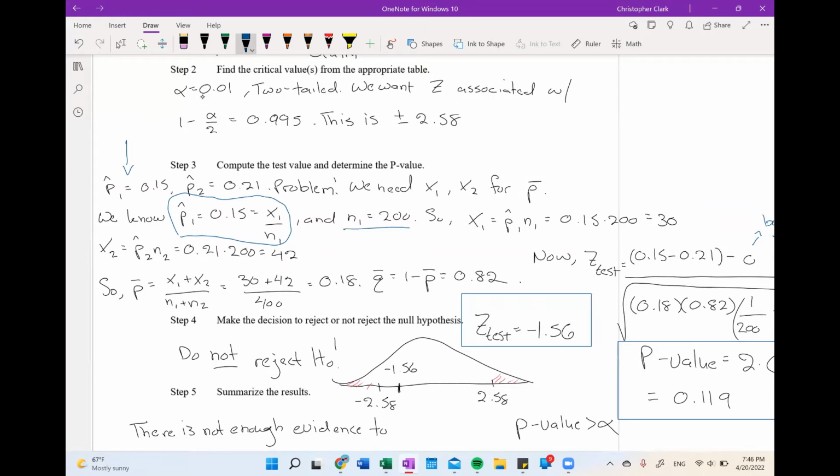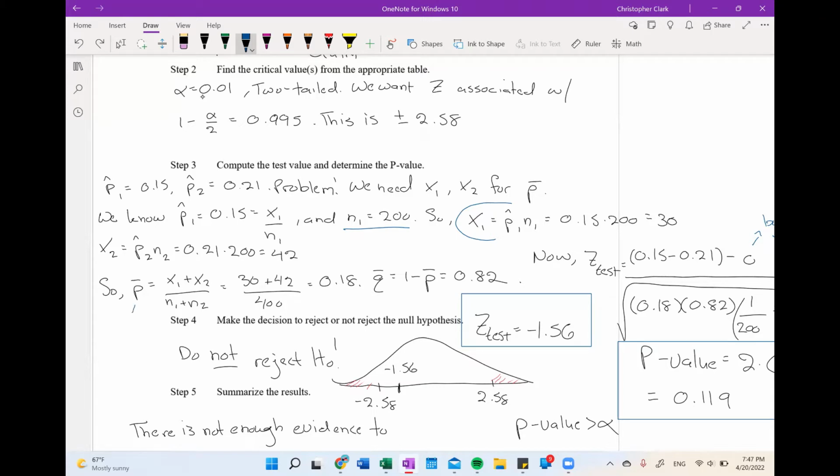And we have n1, don't we? So we can just multiply both sides by n1, and you get that x1 is equal to p hat 1 times n1, which is 0.15 times 200, which is 30. Doing something similar with p2, you get that x2 is p hat 2 times n2 equals 0.21 times 200 equals 42.